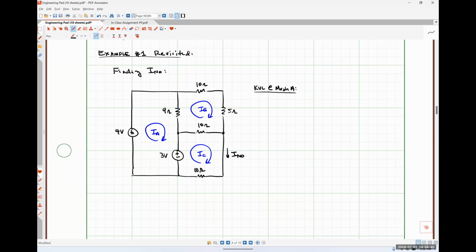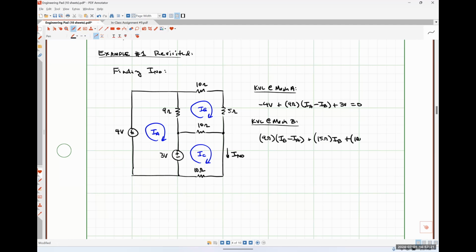So around mesh A, we are going to have -4 volts plus 9 ohms times (IA minus IB) plus 3 volts is equal to 0. Around mesh B, we are going to have 9 ohms times (IB minus IA). Then I'm just going to add those 10 and 5 together because they are in series. So that's just going to look like 15 IB.